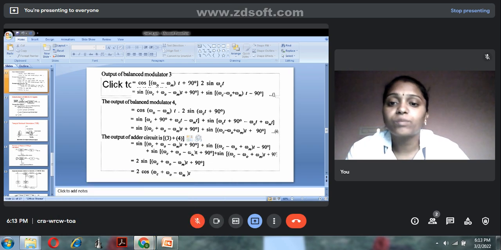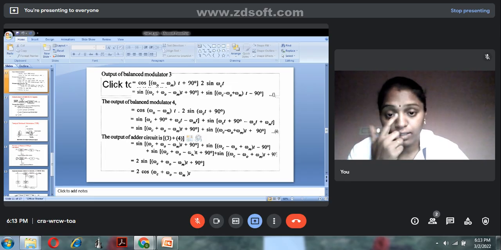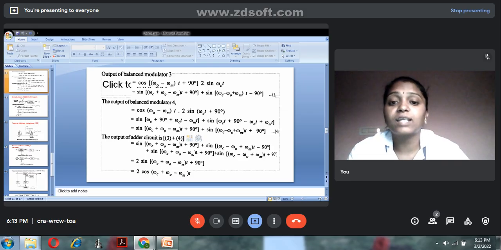Then the output of balance modulator 3 is cos omega naught minus omega mt plus 90 into 2 sin omega ct, because the output of LPF1 and the carrier signal are directly given to BM3. So we have the formula sin A cos B, so the sin A plus B and sin A minus B formula is used here.